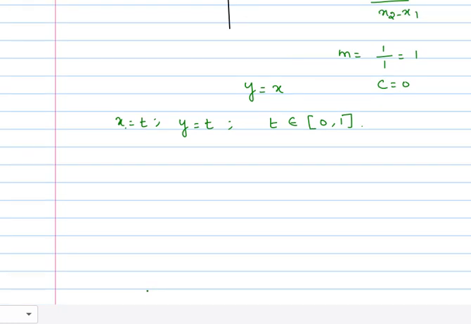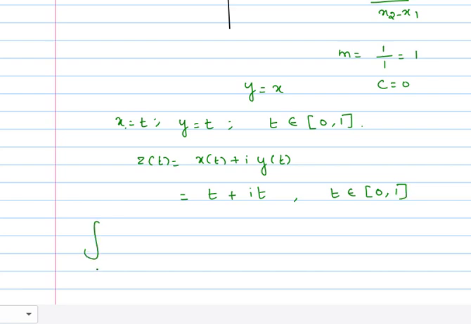Now we see. z(t) equals x(t) plus i times y(t). That is, x(t) is t plus i times y(t), which is also t. Here t lies in the closed interval [0, 1].